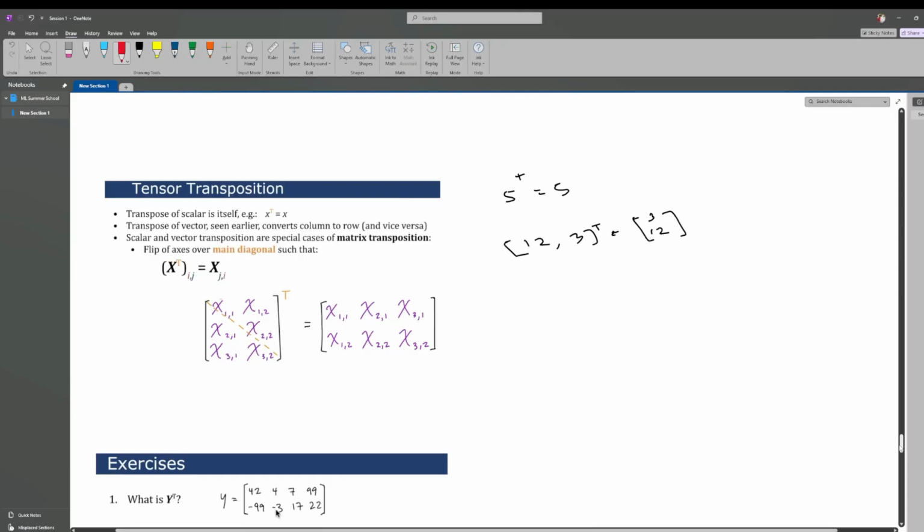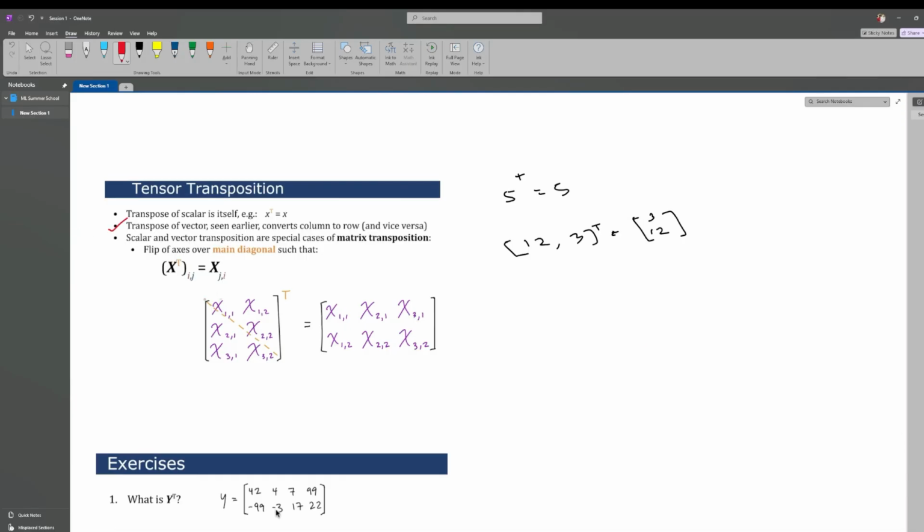Again, tensor transposition, that's interesting. Earlier we saw that if we have a scalar value and transpose it, we get the same thing. It's common sense: if we transpose 5, we get 5, because there is no dimension. It doesn't mean from 5 we get 1 by 5. It just means we are changing the position from row to column, but it doesn't belong to any row or column, so it is the same thing.